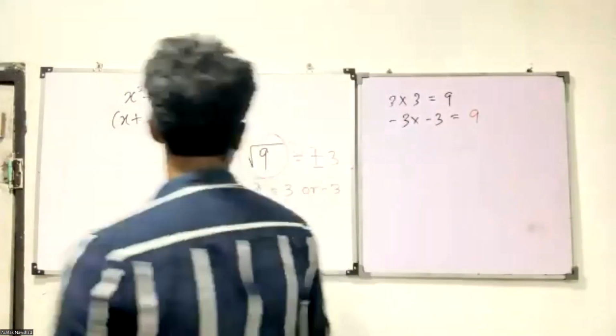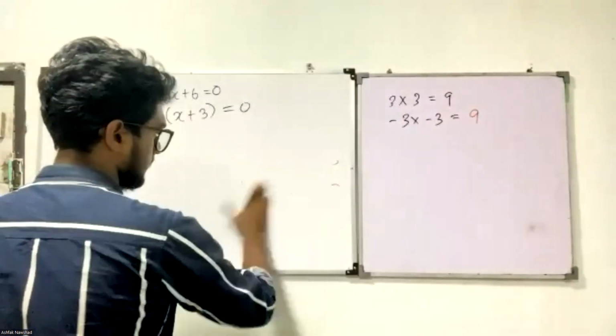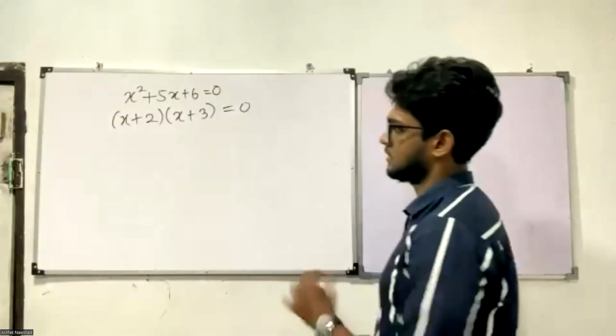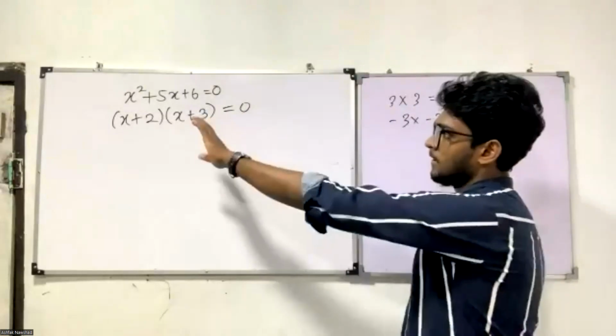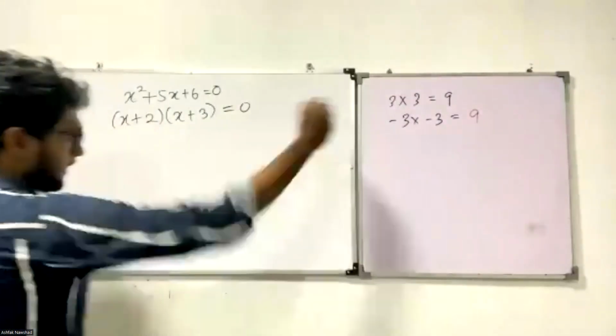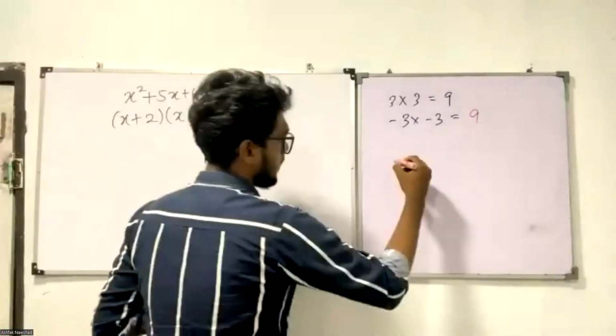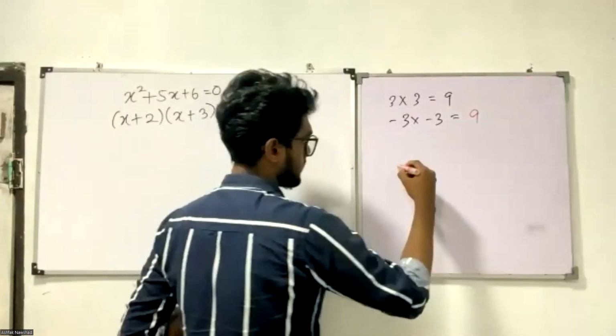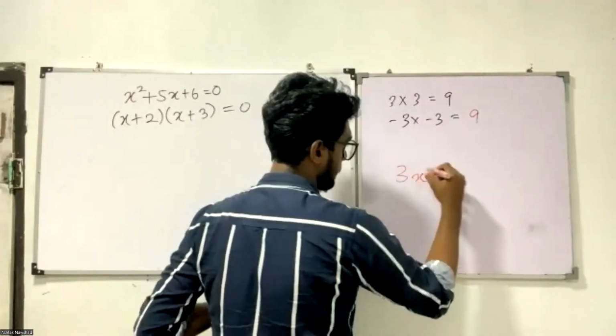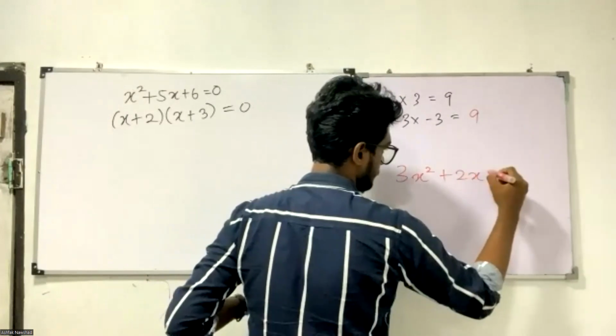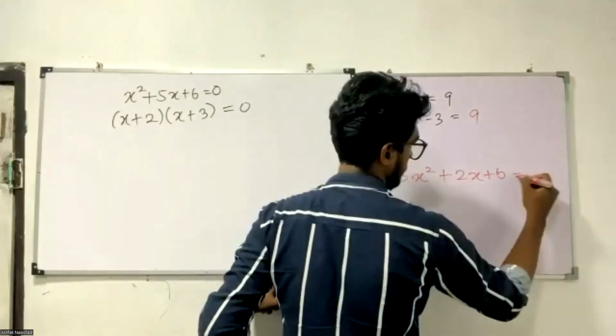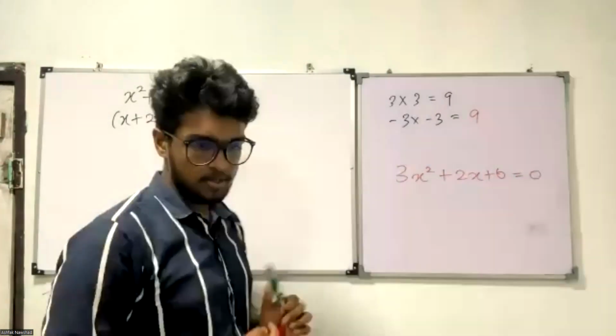Good. Linear terms and constant terms. I'll explain what linear terms and constant terms are. You need linear terms and constant terms. A quadratic equation, for example, this is a quadratic equation.